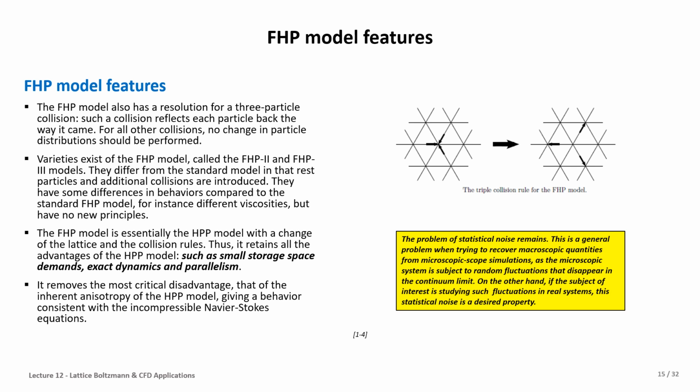Based on its features it could be applicable, and much work has been done to simulate fluid dynamics. For example, using the standard FHP to solve the Poiseuille flow problem. It is possible and is available in the literature.